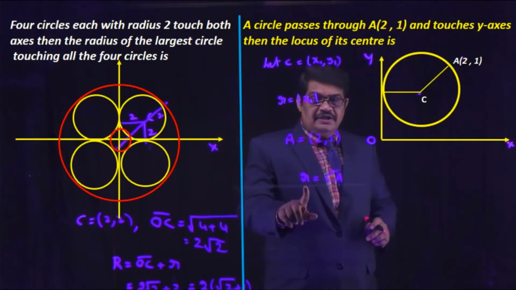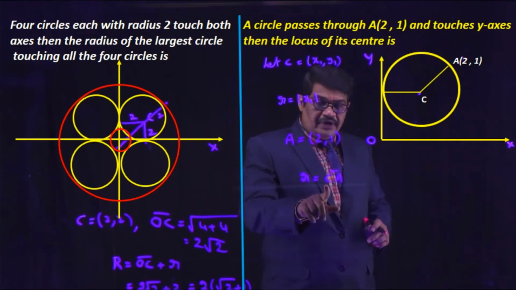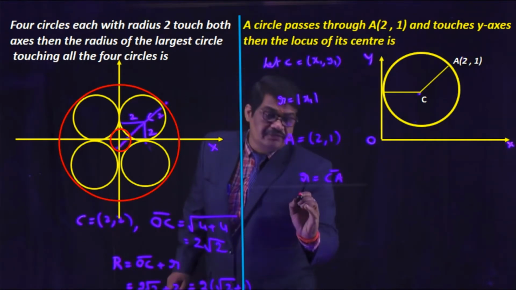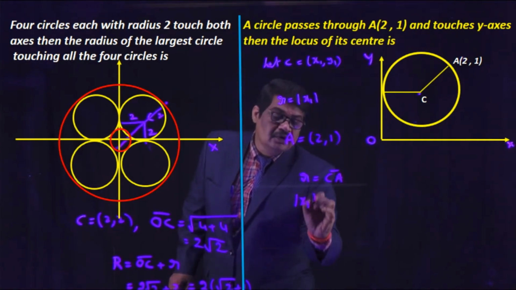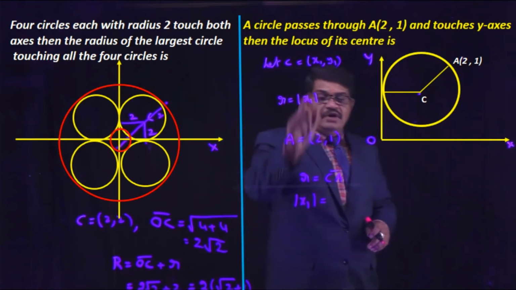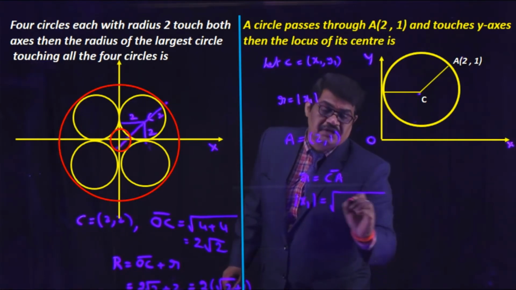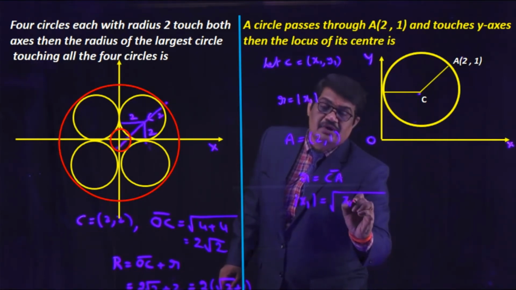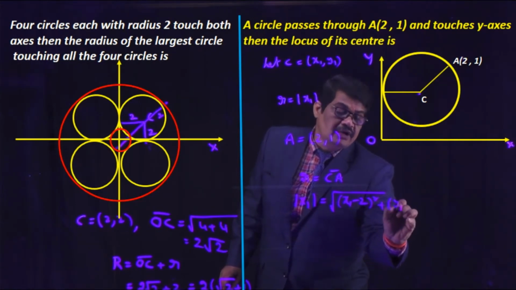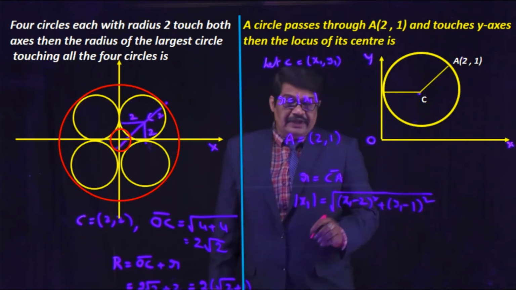Here R is the modulus of x1 and we are equating it to the CA distance. C is (x1, y1) and A is (2, 1). Then the distance between these two points is the square root of (x1 minus 2) whole square plus (y1 minus 1) whole square. Now we are squaring on both sides.